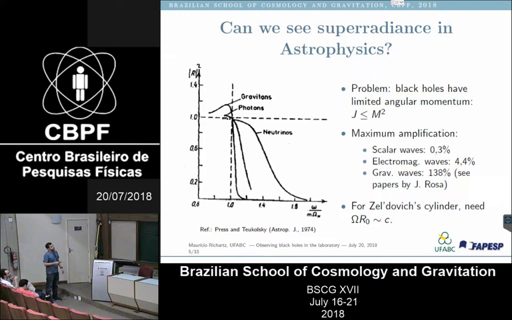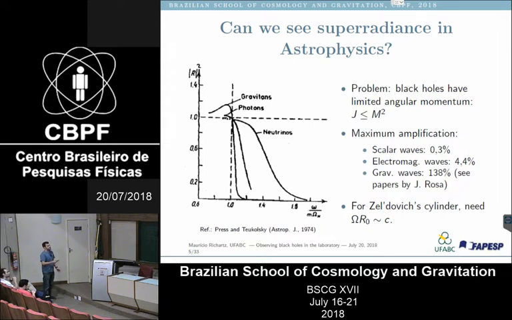And for gravitational waves, which we're starting to see now with LIGO and the future detectors, maybe the amplification is much larger, and maybe we can see some effects due to superradiance.